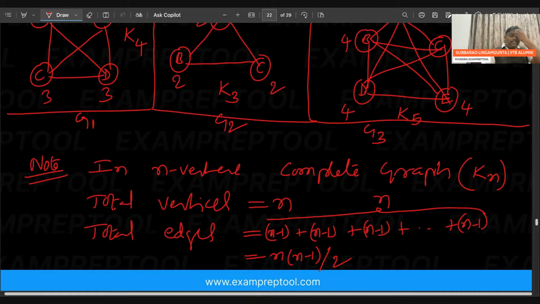Why divide by 2? n into n minus 1 gives the sum of degrees, and the sum of degrees is 2e, but you want e. So e is equal to the sum of degrees by 2, n into n minus 1 by 2. So this is for the complete graph.